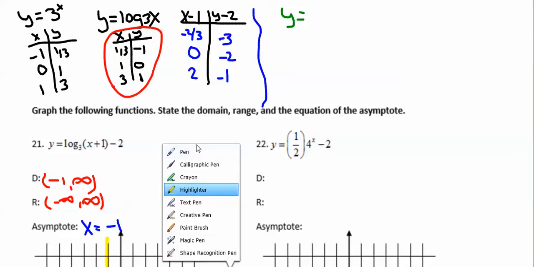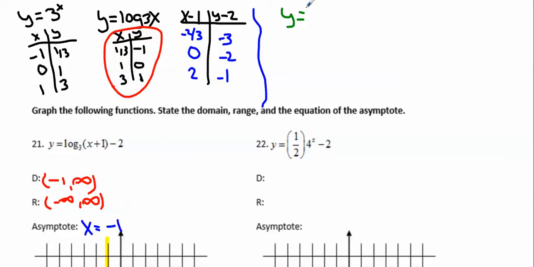So my parent function is going to be y equals 4 to the x. If I make a table of values, x, y, I'm just going to use the same x values as before, -1, 0, and 1. That's going to be 1/4, 1, and 4.